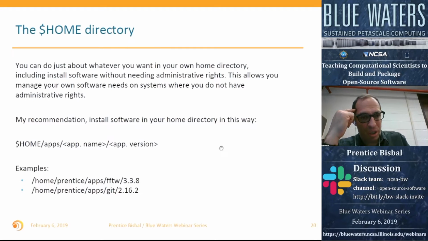And I recommend you install it using a nomenclature something like this. In your home directory, maybe you create a directory named apps, and then you have another directory called app name, and then app version. By doing this, it allows you to keep multiple versions of software installed on the system at the same time.